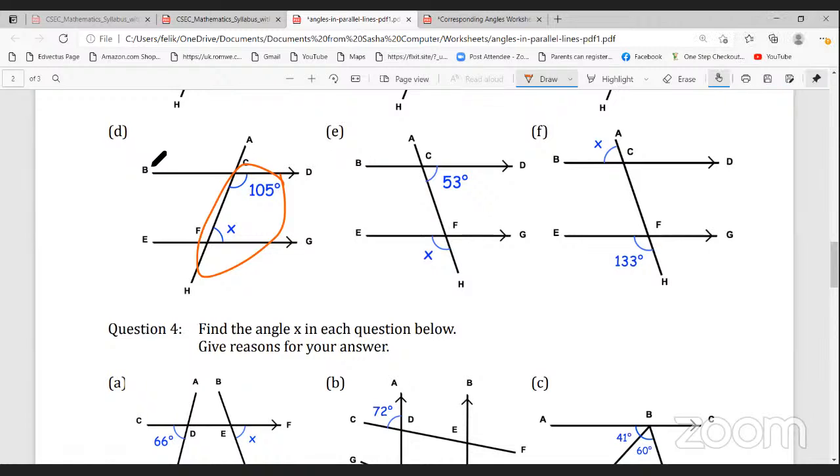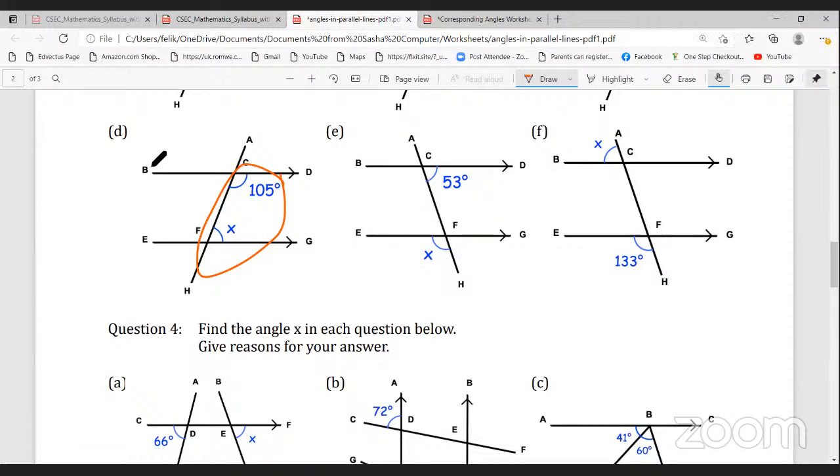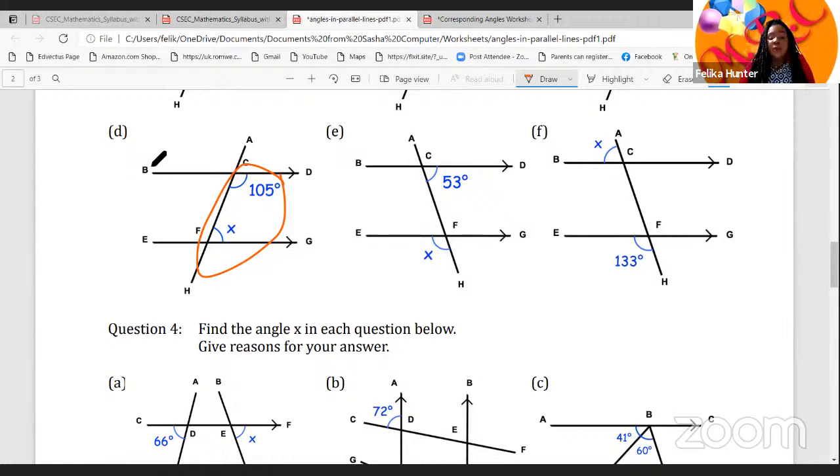No, miss, I was making sure everybody finished it. I know. Only Peter and somebody else, please go and Google alternate angles and have that in your book. And I do not see any proof of work for last night. I need to see the proof of work for last night and proof of work for this morning, and alternate angles must be a part of it. Go ahead and do that for me. When you're finished, please ensure you send me the screenshot of your proof of work for today.